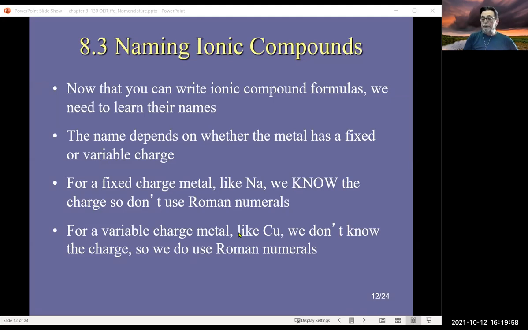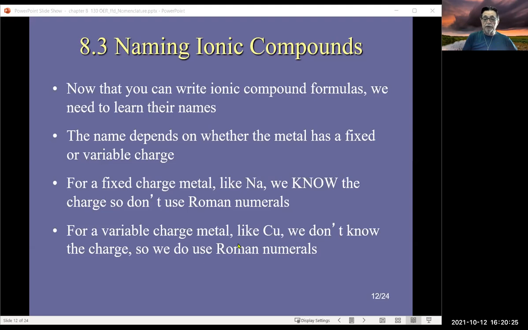The name depends on whether the metal is a fixed or a variable charge. When we say fixed, there are 16 metals that 100% of the time have their particular specific oxidation number or charge. All the other metals are variable, and therefore we need to use Roman numerals to describe which one we're dealing with.